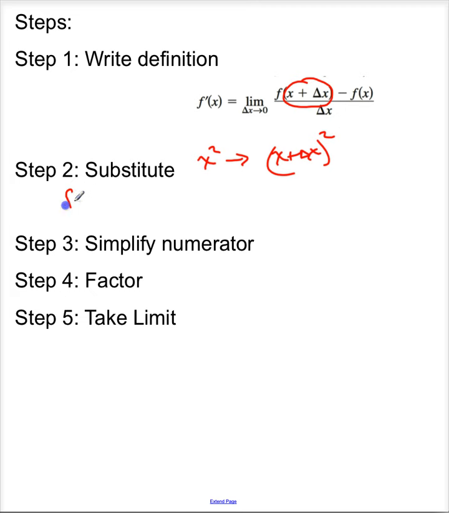If my function of x is 2x cubed minus 1, then f of x plus delta x is going to be 2 times x plus delta x cubed minus 1. So do that substitution. Do it for f of x plus delta x minus f of x divided by delta x. Simplify your numerator, factor if possible, and then take the limit.